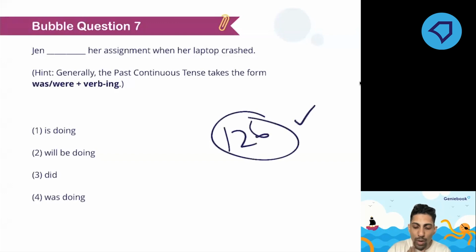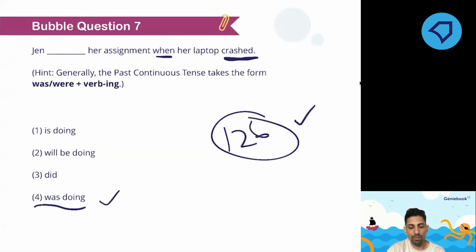Jen what her assignment when her laptop crashed. So this was done earlier on in the past. Okay? And the word when also tells us that we are talking about a past event. Yeah? So Jen was doing in the past.